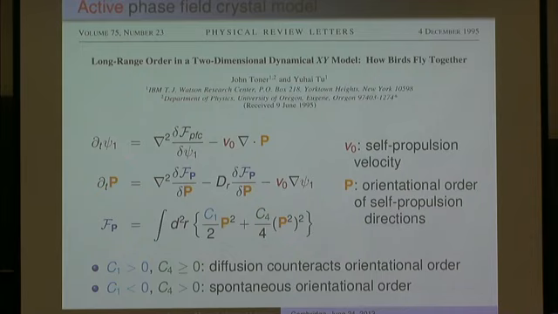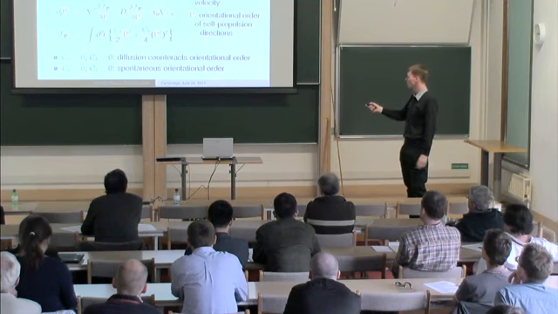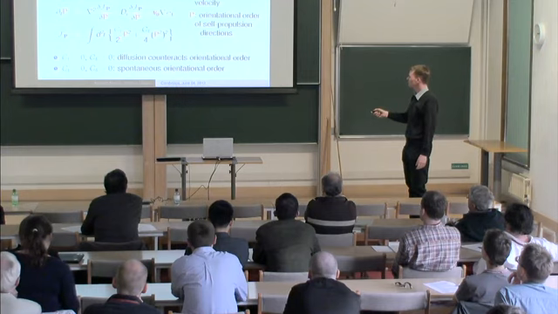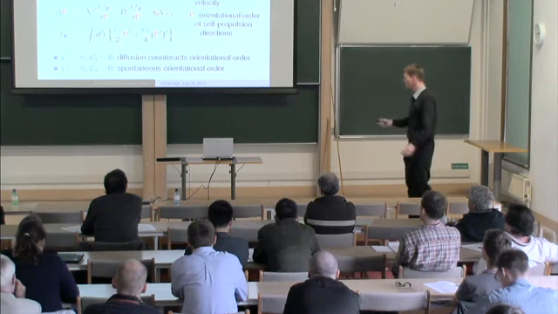And this then also needs a dynamic equation. Here we have translational and rotational diffusion. And here's the Toner-Tu input, this energy functional. If these coefficients C1 and C4 are both positive, that means this likes to depolarize. So the order parameter likes to go to 0. In that sense, these diffusive terms would counteract spontaneous ordering of the self-propulsion directions.